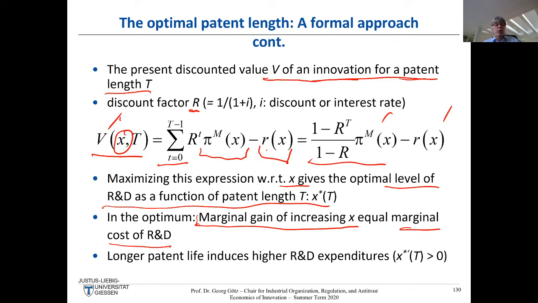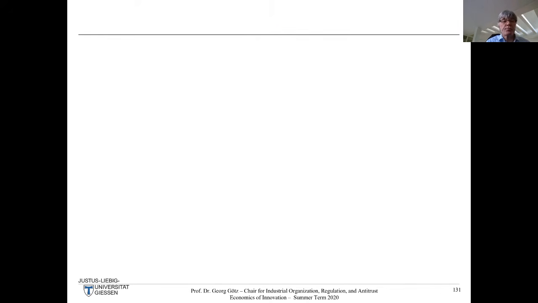And what is clear immediately is that longer patent life induces higher R&D expenditure, as x prime of T is greater than 0. Okay, that should be straightforward, because when T increases, this makes this negative term smaller, and therefore the whole value increases, and pi m prime times its value also increases.